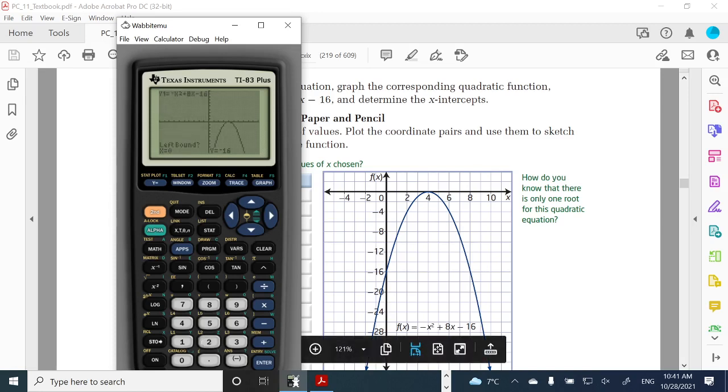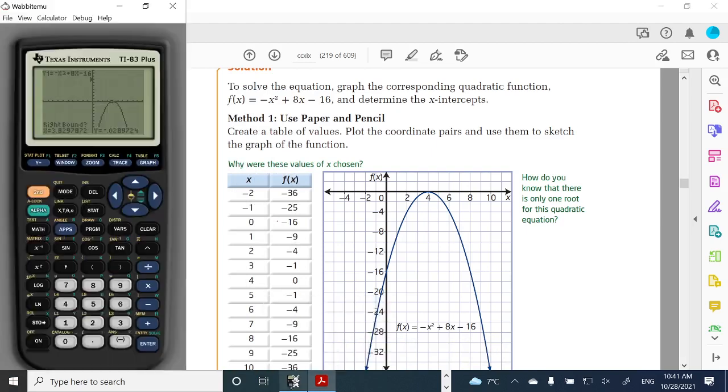Now, there's possibly more than one x-intercept, so it's going to give you a range of numbers to look for that x-intercept between. It is somewhere between x is 0, enter, and okay, we're going to have to go past that intercept so it can find it. So just toggle to the right, there it is, go past it.